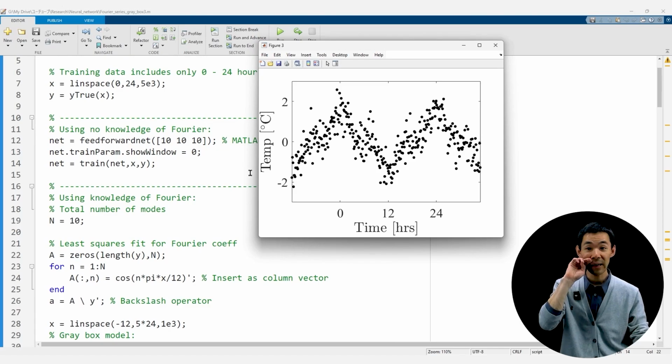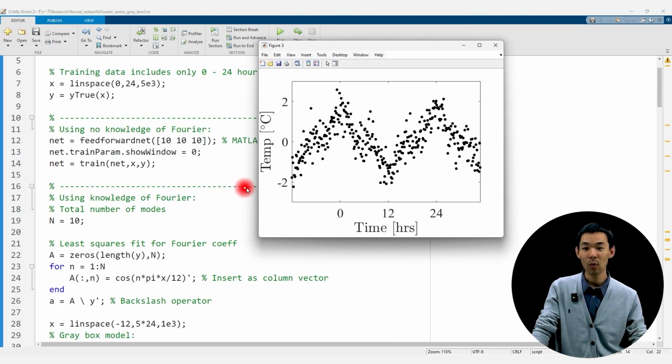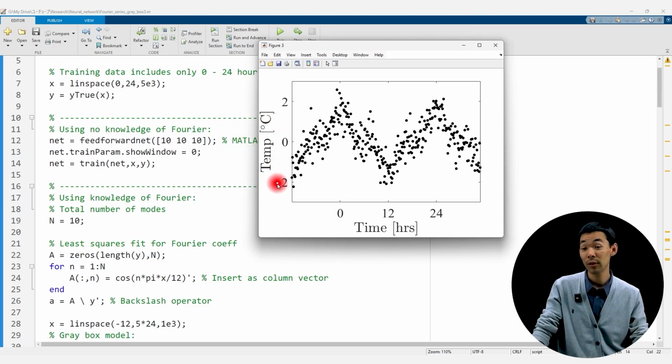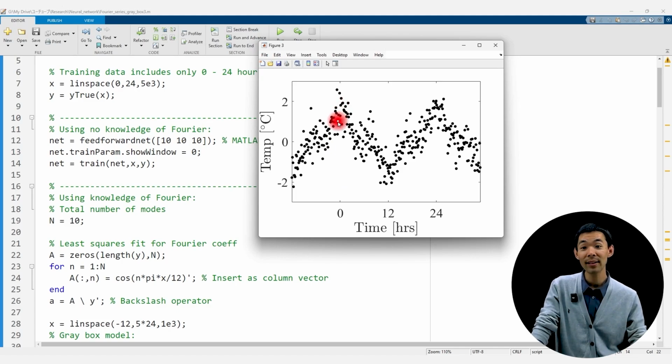What I'm showing you here on the y-axis is the temperature, so it's your thermocouple reading of the temperature outside your home as a function of time. And let's suppose you started at midday, so the temperature is the highest at time t equals 0, and you do that over a 24-hour cycle.